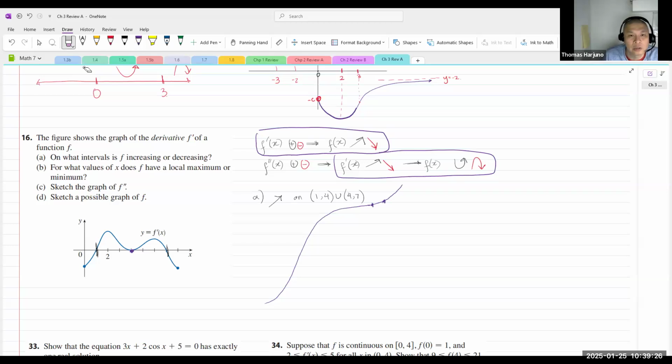So some instructors, or maybe in more advanced calculus, can say that it is actually increasing between 1 and 7. Okay, I use purple there because some instructors may not agree with that. If you write 1 to 4 union 4 to 7, I will accept that.